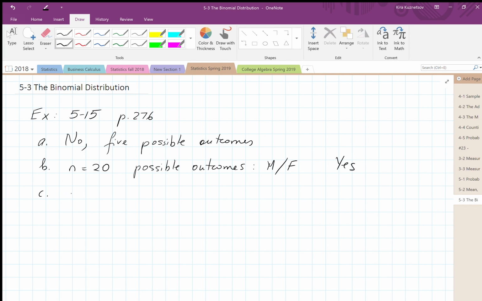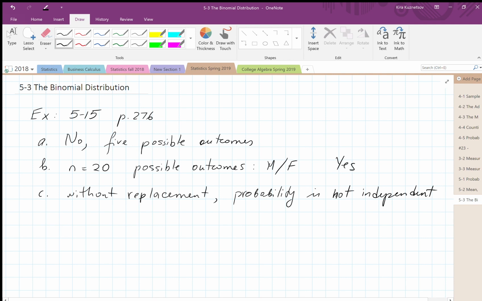Without replacing, what I have is that the probability is not independent, because the probability of choosing a second card depends on what I have chosen for the first card. So the answer is no, not binomial. Even though we are talking about red versus black, still not a binomial.